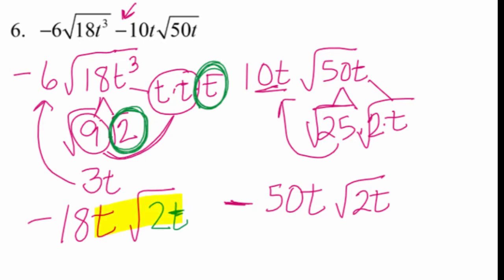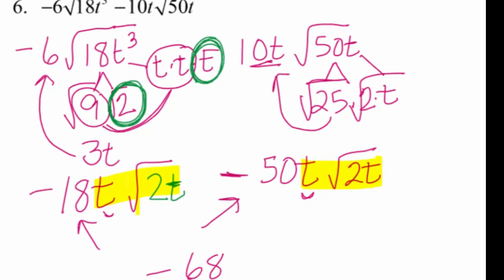Because they are both t square root 2t. See that? So the radicals are like radicals, but also you need to have the outside t's match, right? So we can add the negative 18 with the negative 50, so negative 68t square root 2t.